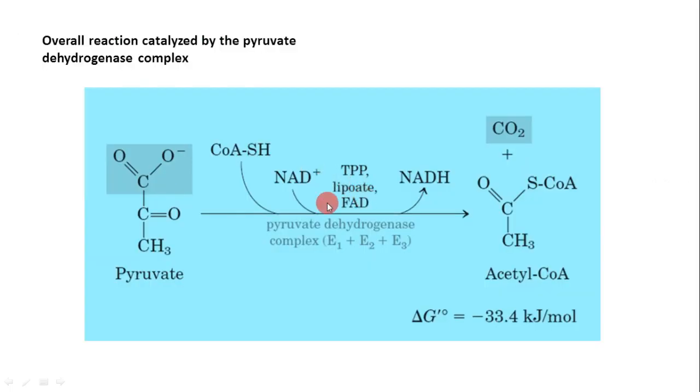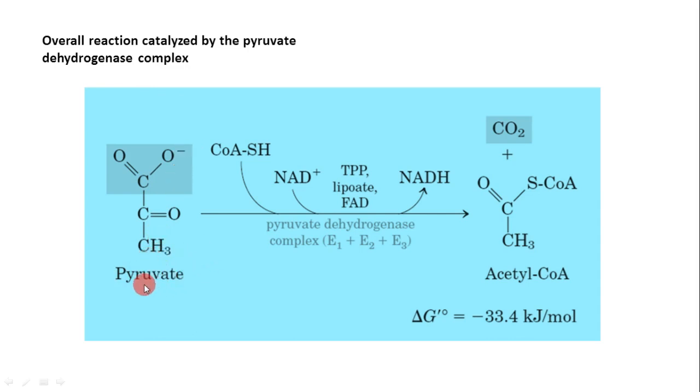So this is the overall reaction catalyzed by the pyruvate dehydrogenase complex. This is one pyruvic acid, CH3COCOOH. In the ionized form it is called pyruvate. Pyruvic acid means the non-ionized form of pyruvate, CH3COCOOH.